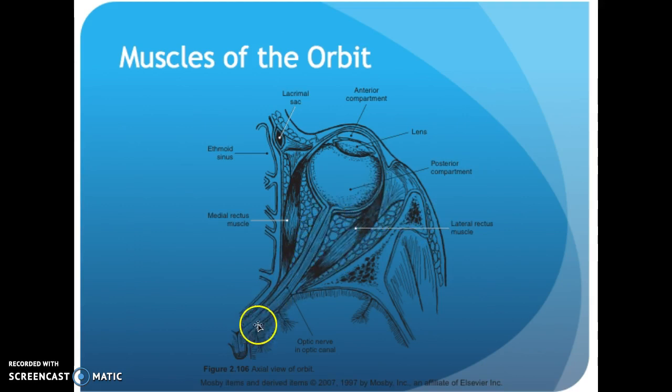Your optic nerve comes straight back through your optic canal. So this is your optic nerve, and this is your medial rectus muscle. So you have your lateral rectus muscle, your optic nerve, and your optic canal, your medial rectus muscle, and your lacrimal sac. And then you can see here the wall of the nasal bones.